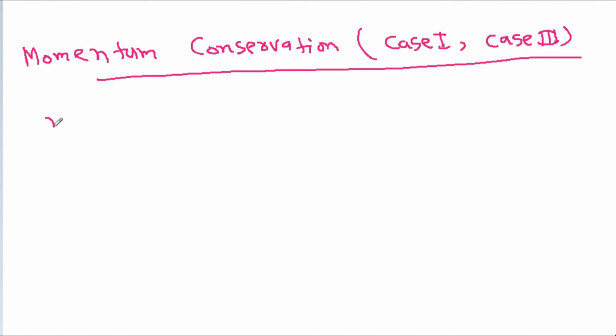It will be m times u is equal to m1 times v plus (m2 plus m) times v.